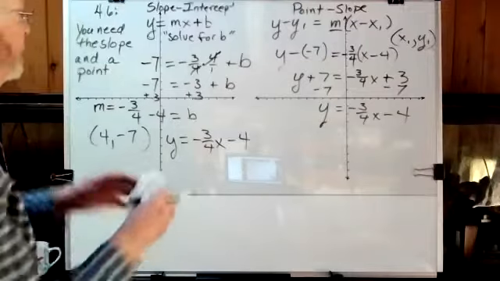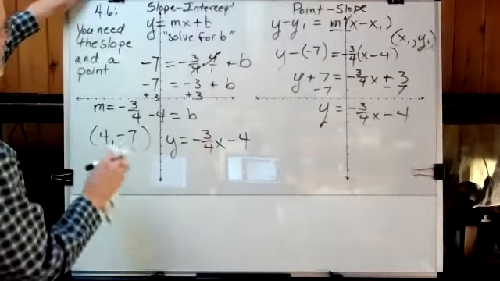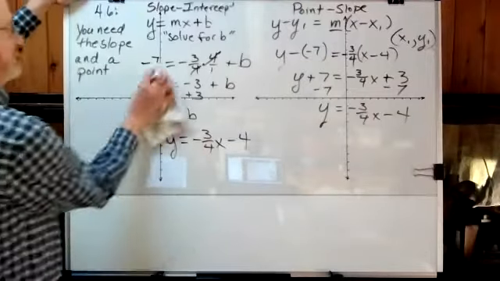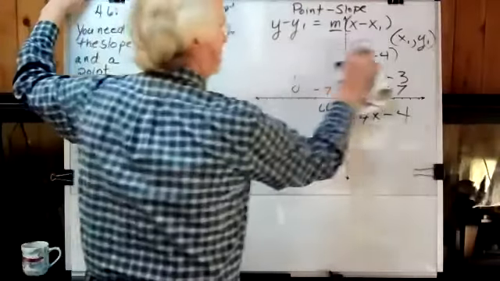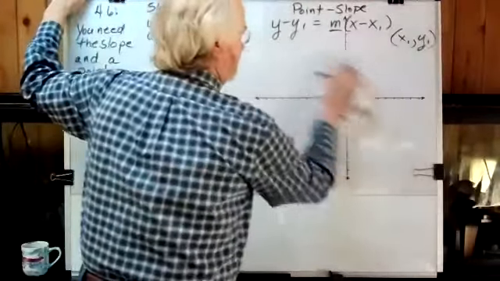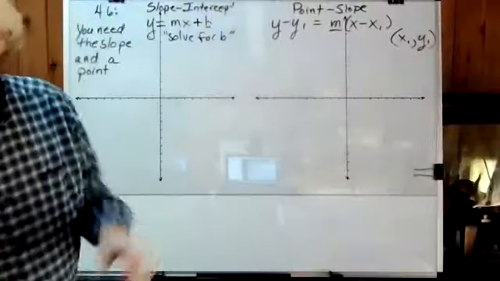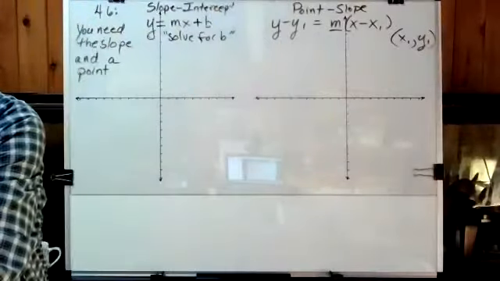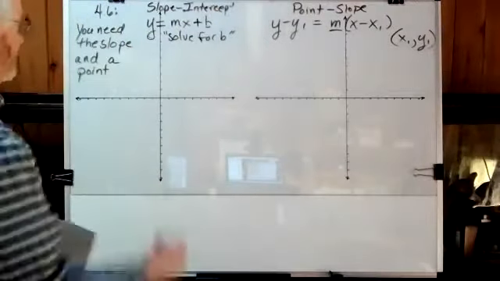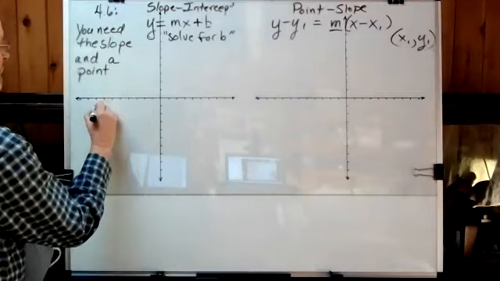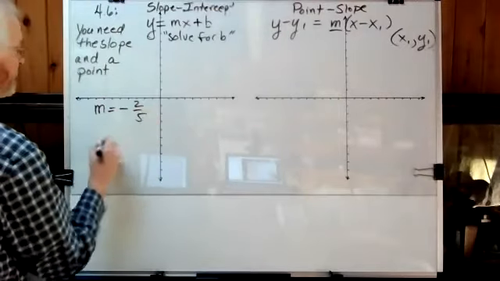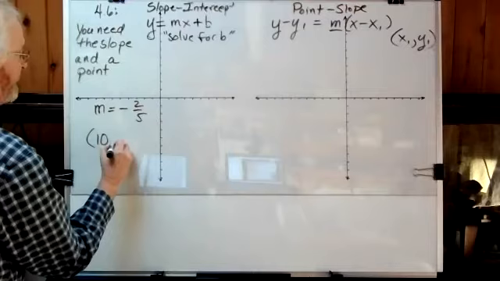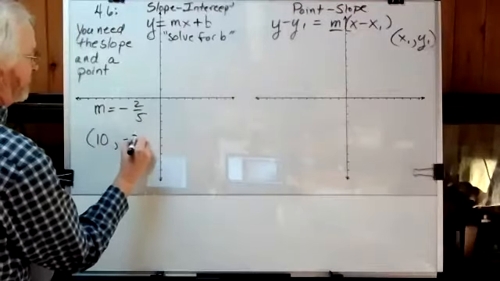Let's do one more. I'm going to put the numbers up and ask you to choose one way or the other. Both ways, both if you like. I'll give you a couple minutes to try to get there yourself, okay? And let's say I've got a slope of negative 2/5, and I'm going to go through (10, -3).